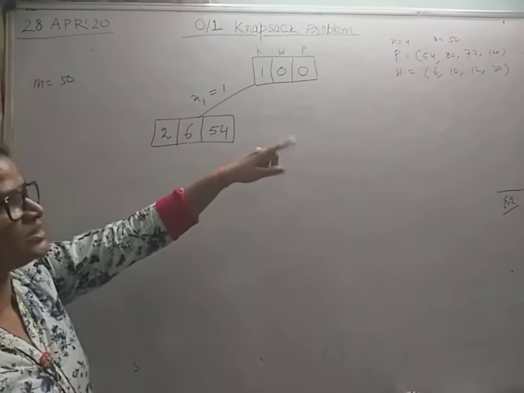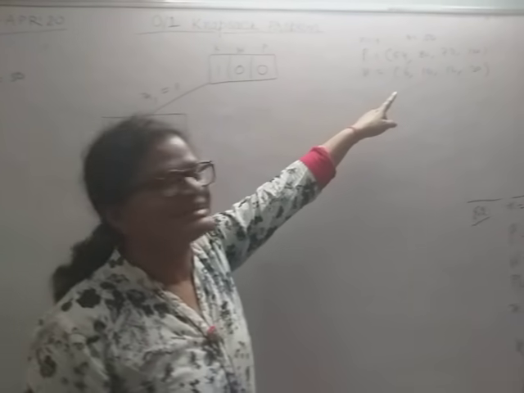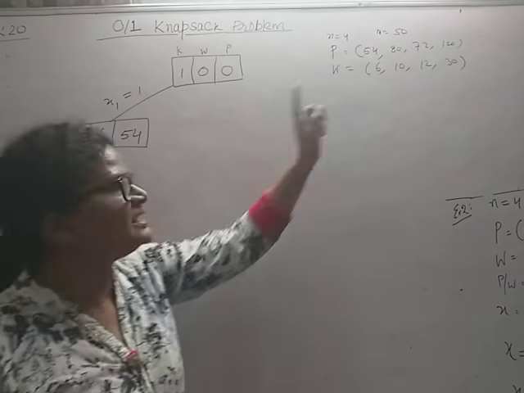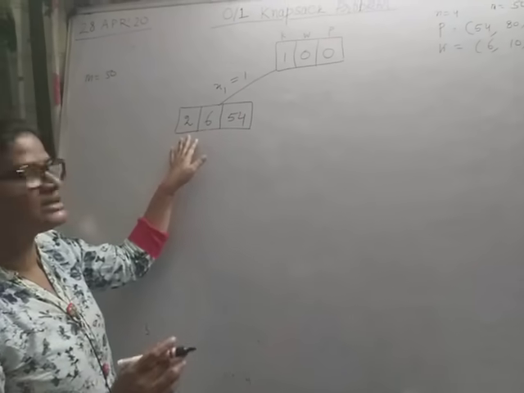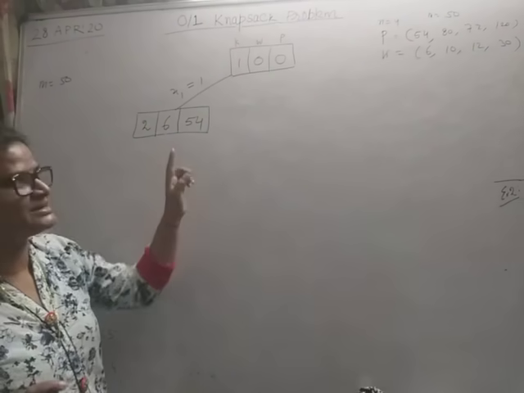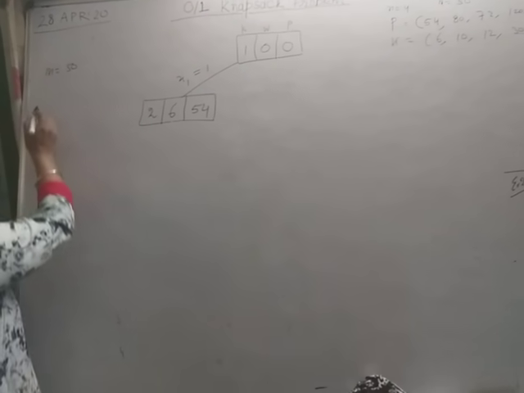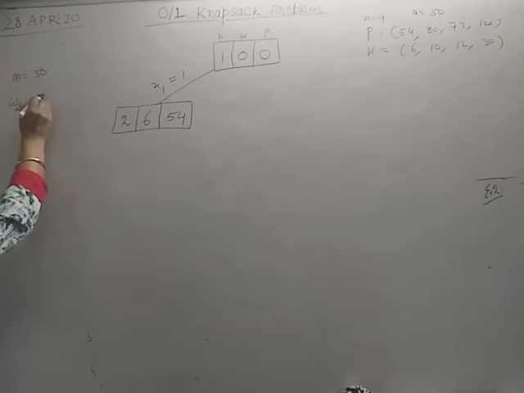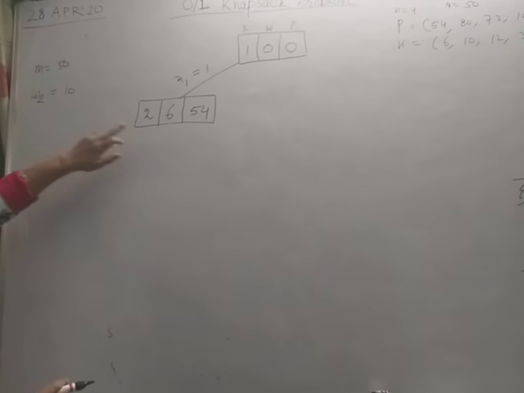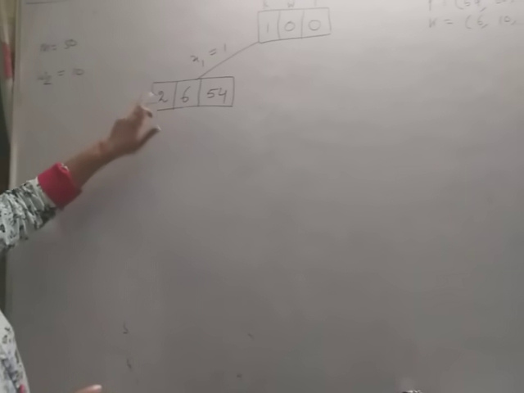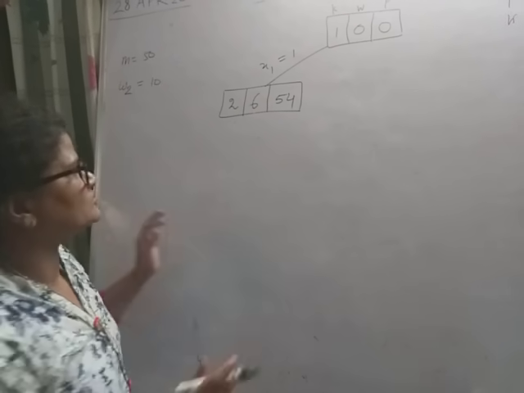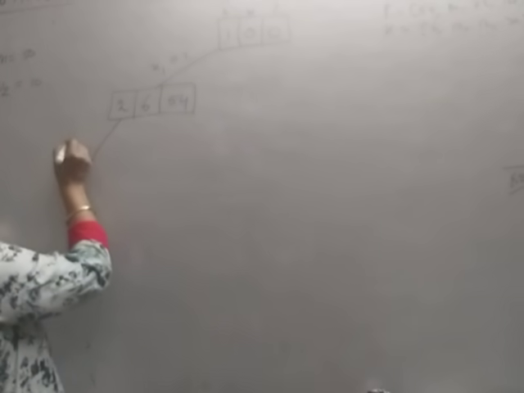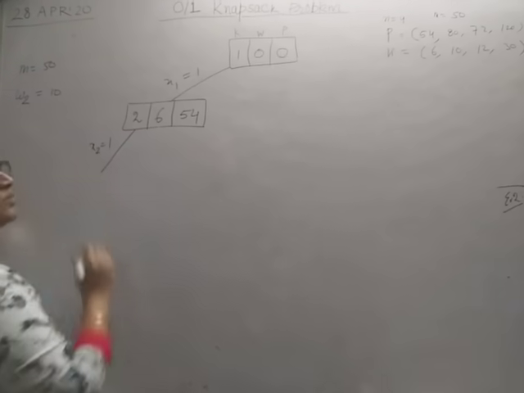So now we consider another object. 6 is already added, so next I take the decision for the second object. The weight of the second object, W2, is 10, and 10 plus 6 is 16. 16 is less than 50, so the second object can also be included, so x2 equal to 1.